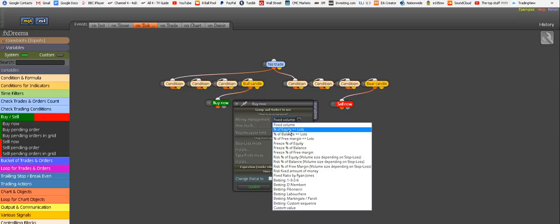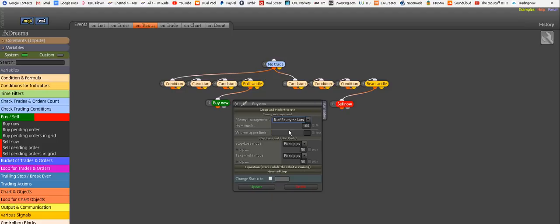Not balance, but equity. Equity means the available money on your account. Not the overall balance, because not all of it will be available if you have other trades going on, but the actual equity. Percentage of equity, and we tick this box next to it to actually make this adjustable later.